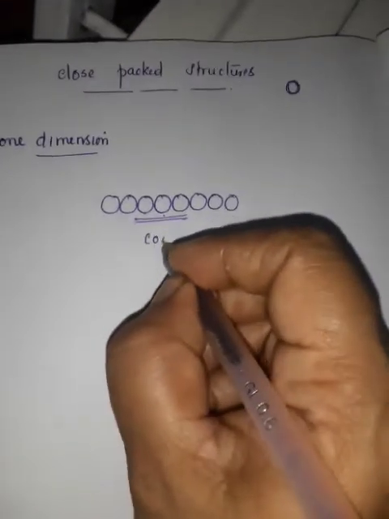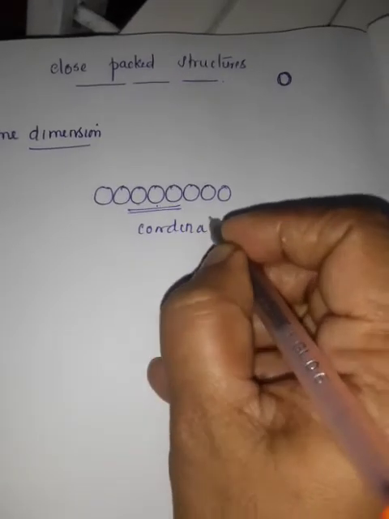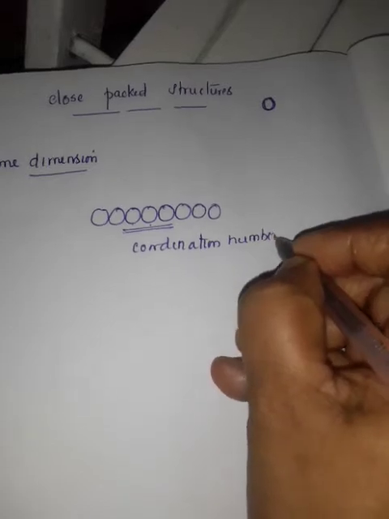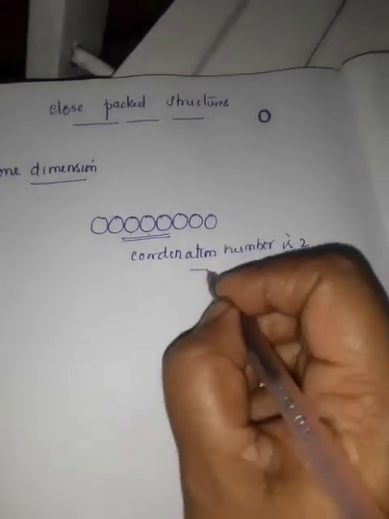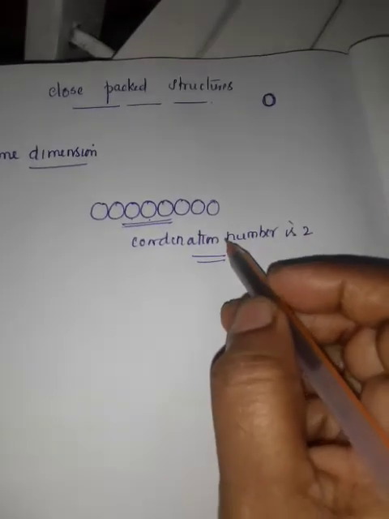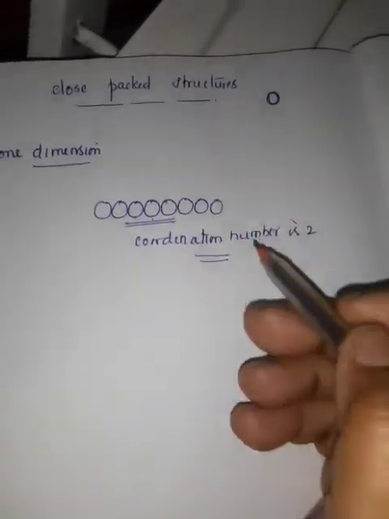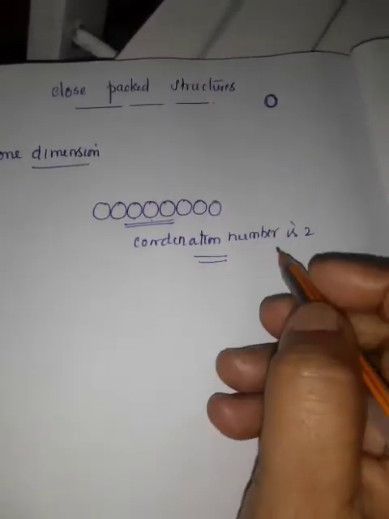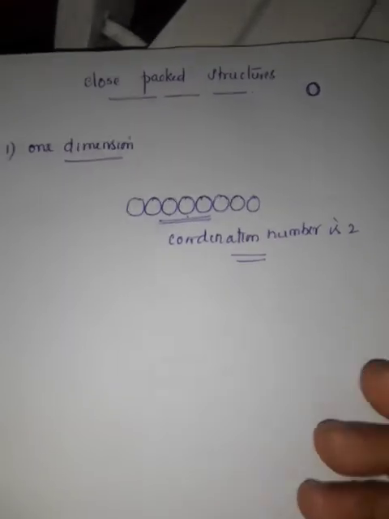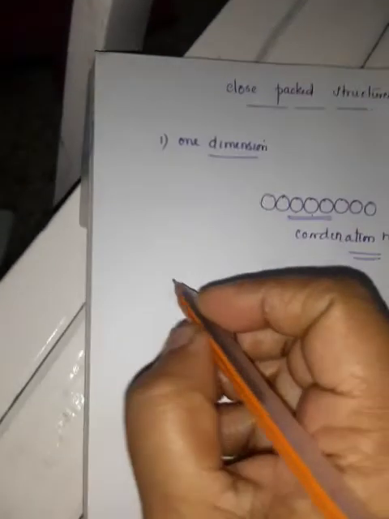So here the coordination number is 2. What is meant by coordination number? The number of neighboring spheres surrounding a sphere is called the coordination number. This is 1 dimension.